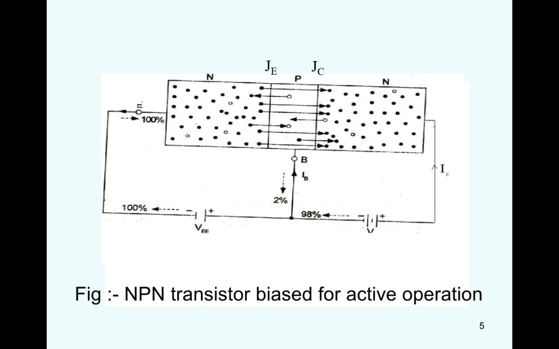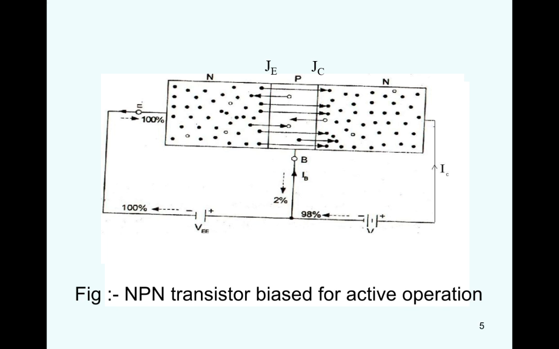These electrons cross the JE junction. Here we consider a heavily doped emitter. Due to this heavy doping, more electrons are present in the emitter. Due to the repulsive force, more electrons move towards the JE junction and cross it.